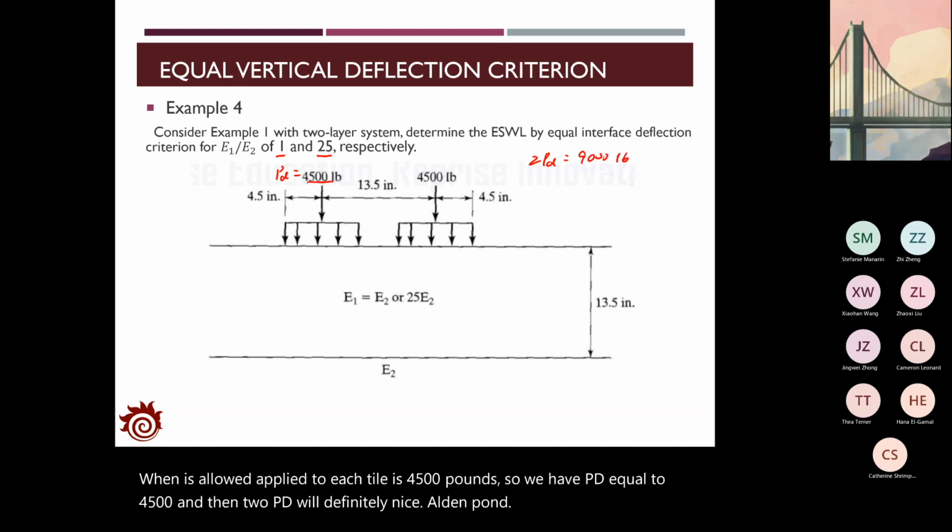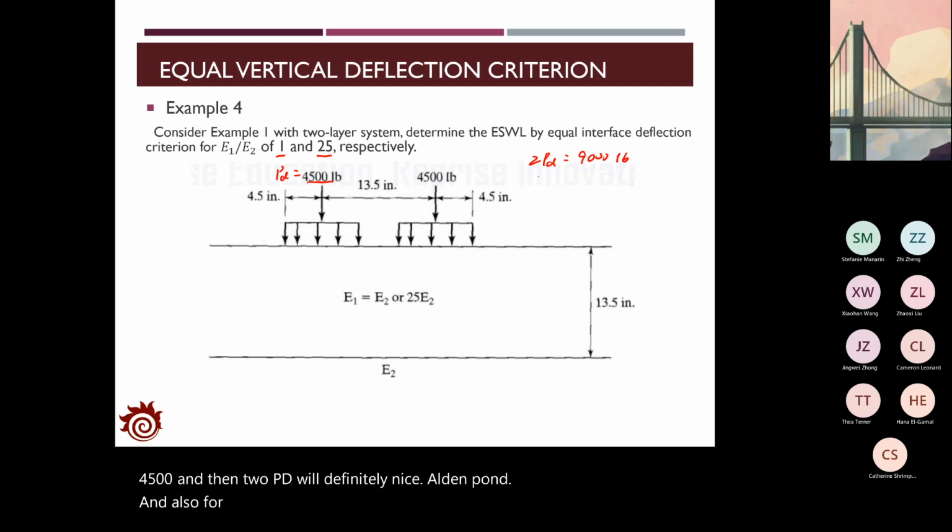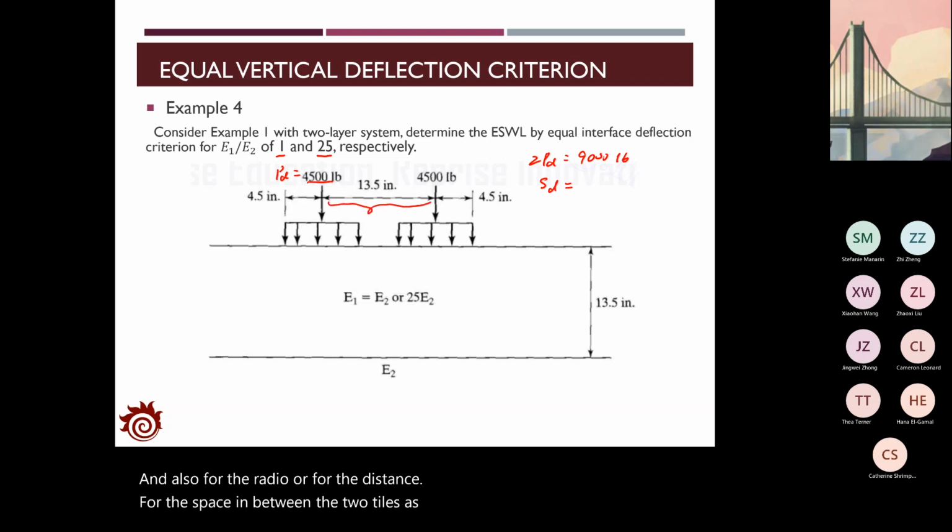Also, the spacing between the two tires, SD, which is the distance from one tire to the other, is 13.5 inches. The thickness we are going to consider, H1, is also 13.5 inches.